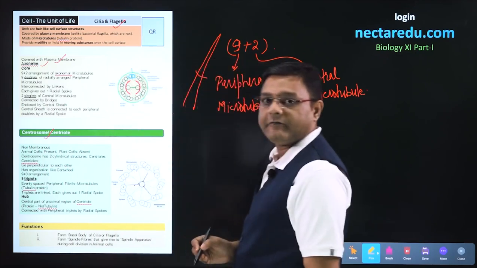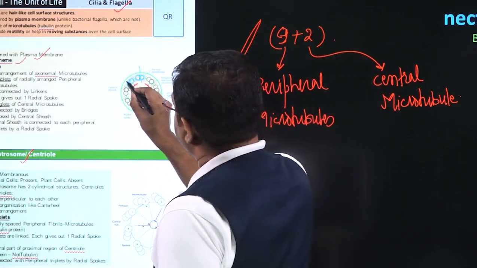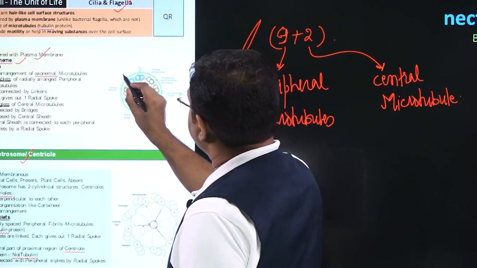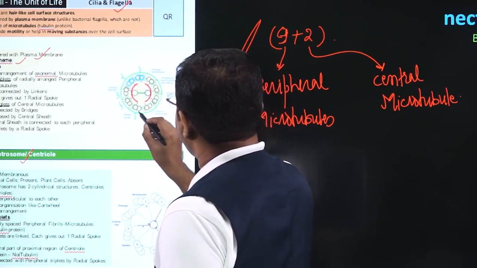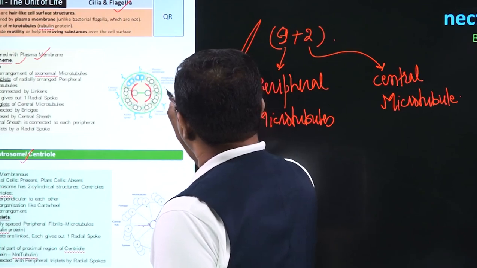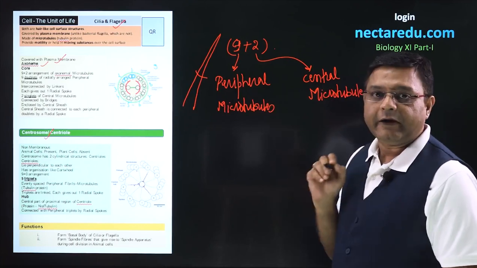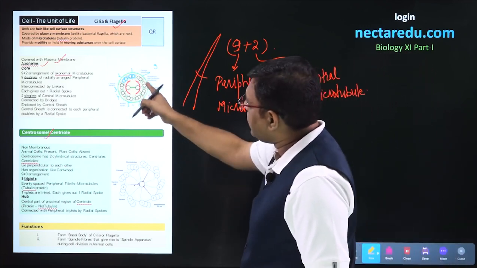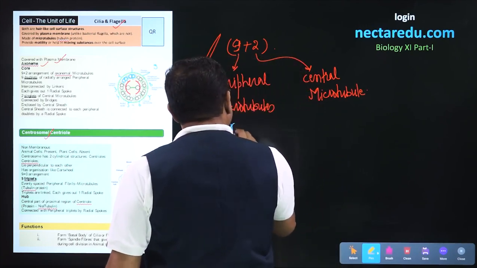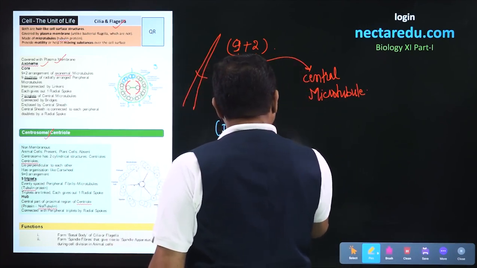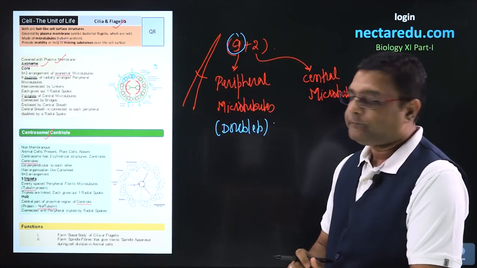So, this is number 1. Next is this, also in the form of doublet. So, we can see 2, 3, 4, 5, 6, 7, 8 and 9. So, 9 peripheral microtubules are present and each is in the form of doublet. So, this is the number 9 that we talk about.